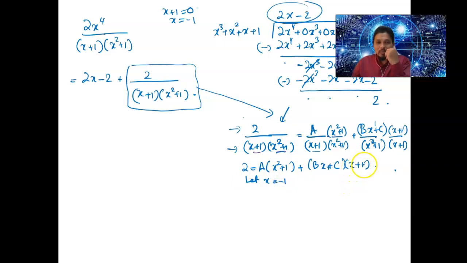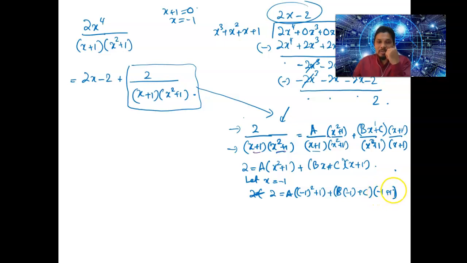Because -1 plus 1 equals 0, so 0 multiplied by c is 0 and 0 multiplied by bx is 0. So what's left here is 2 equals a times (-1 squared plus 1) plus (b times -1 plus c) times (-1 plus 1).